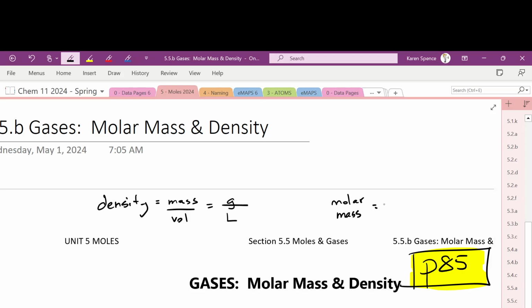We just did this. How do you calculate molar mass of an unknown? Grams per mole. Honestly, the formula is just the unit for molar mass. What's the unit for molar mass? Grams over moles. What's the formula for molar mass? Grams over moles.